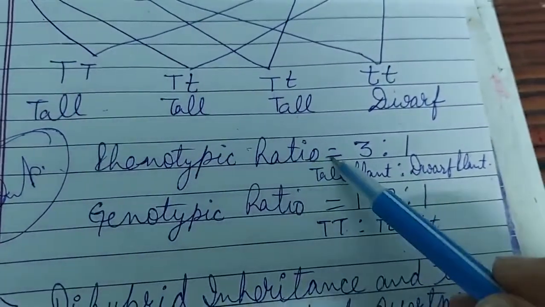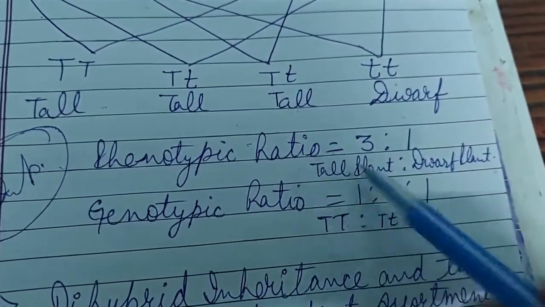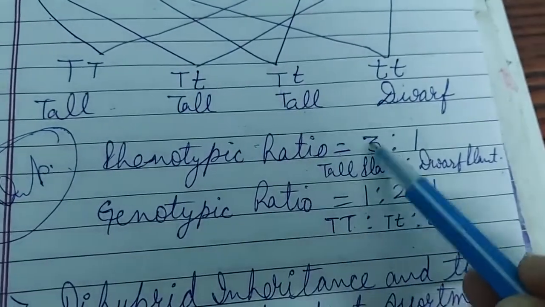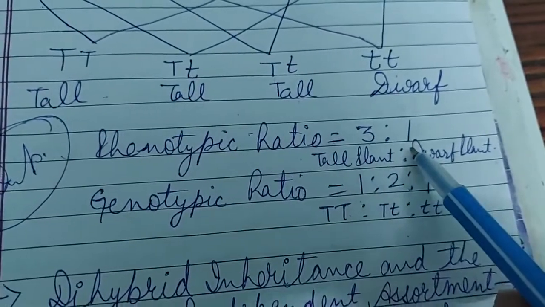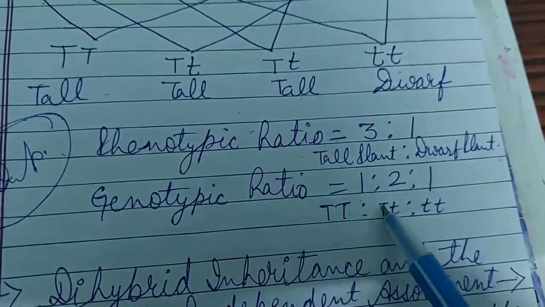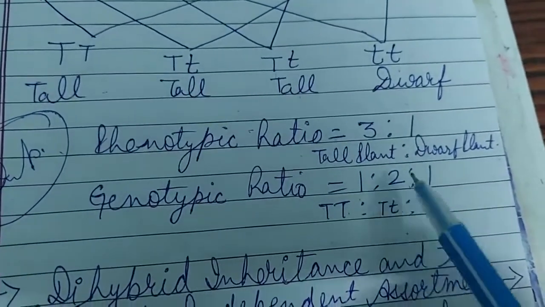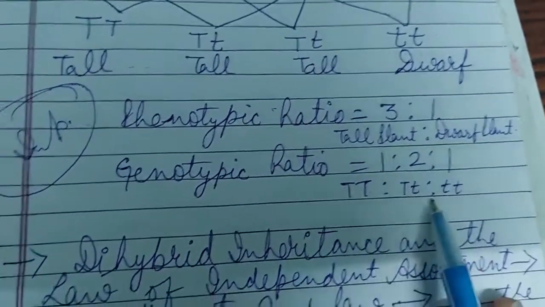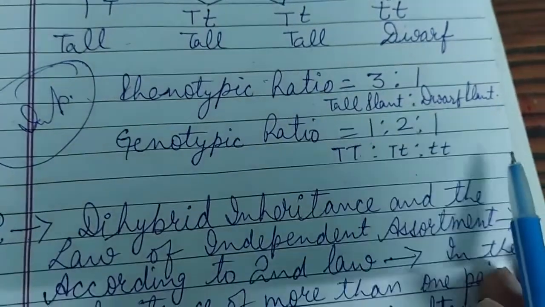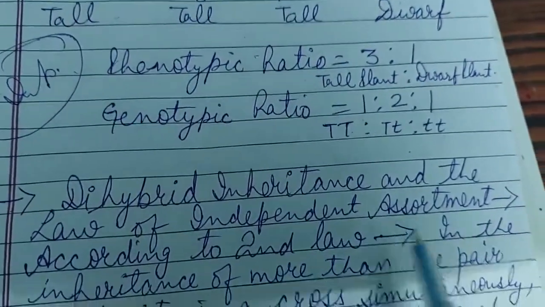You have to learn these phenotypic and genotypic ratios. The phenotypic ratio for monohybrid cross is 3:1 and the genotypic ratio for monohybrid cross is 1:2:1. So this is our monohybrid cross inheritance and the law of segregation.